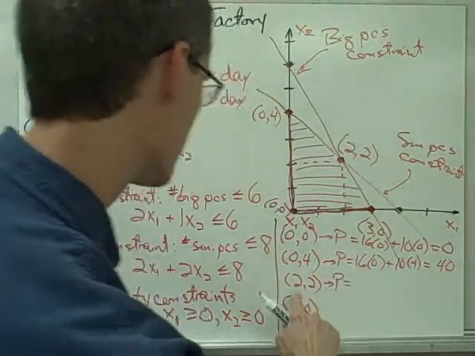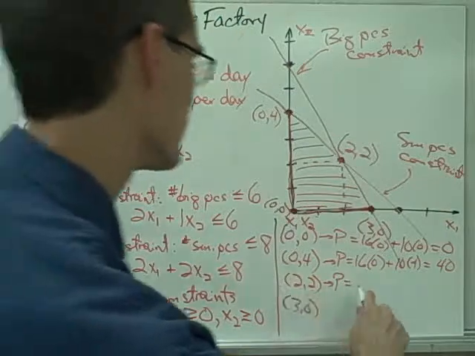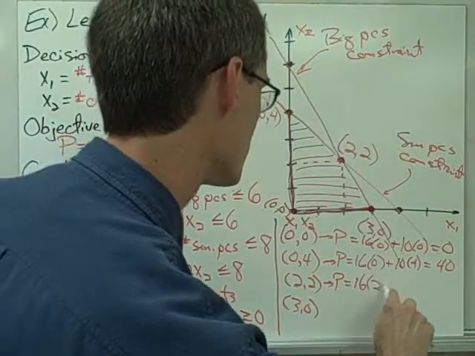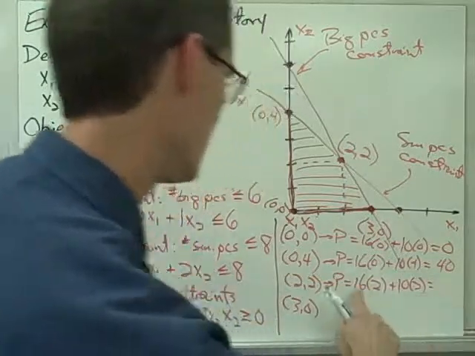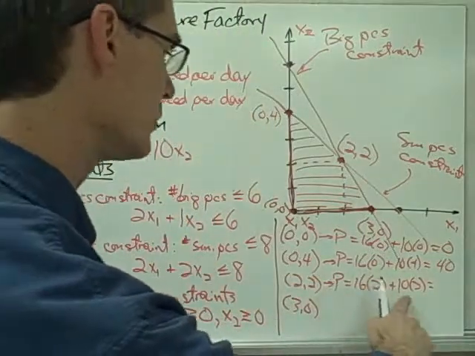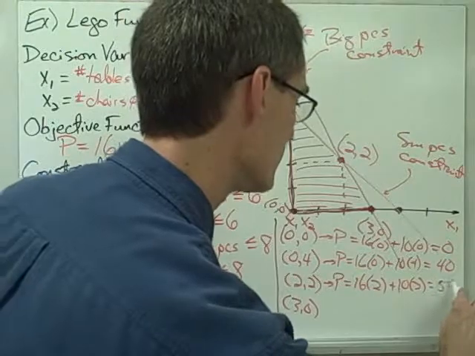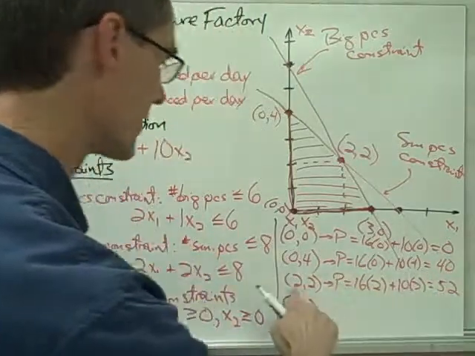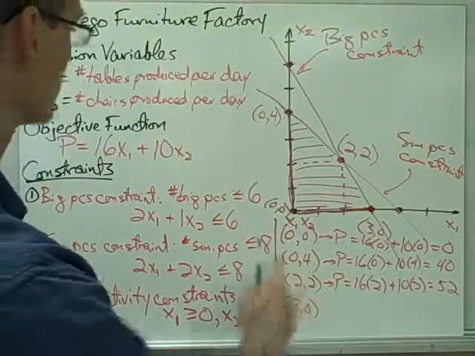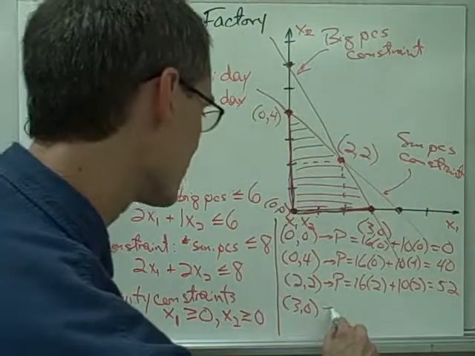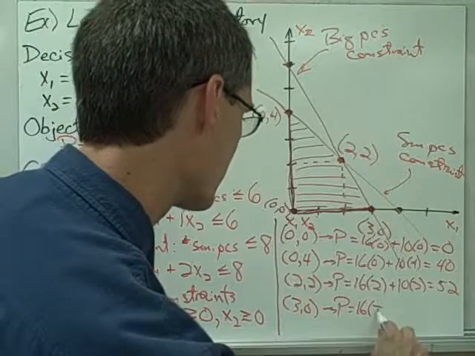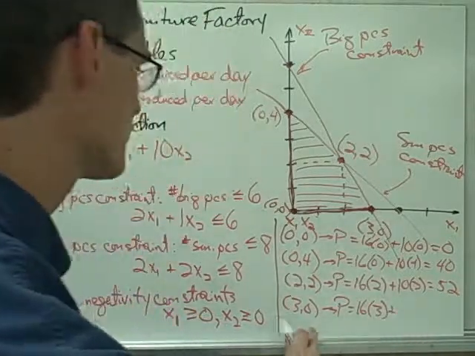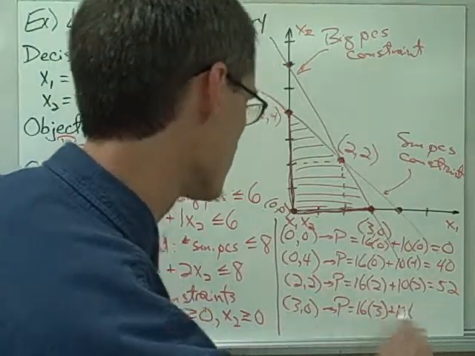How much profit do I make if I make 2 tables and 2 chairs? 16 times 2 plus 10 times 2, let's see, that's going to be 32 plus 20, which is 52. So I make more profit if I make 2 tables and 2 chairs than if I make 0 tables and 4 chairs. And let's check this last one. 16 times 3 plus 10 times 0.